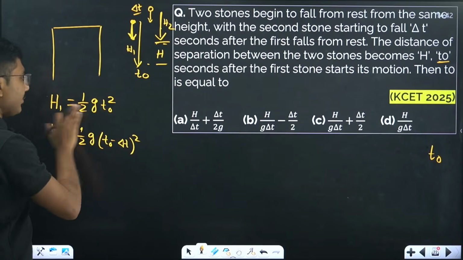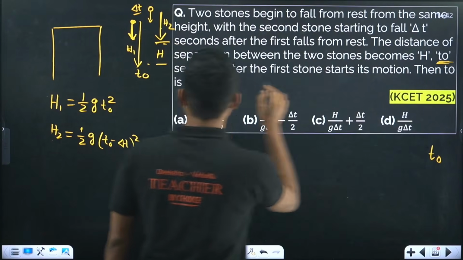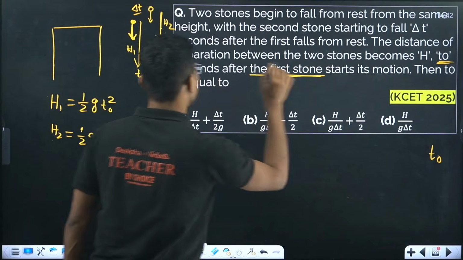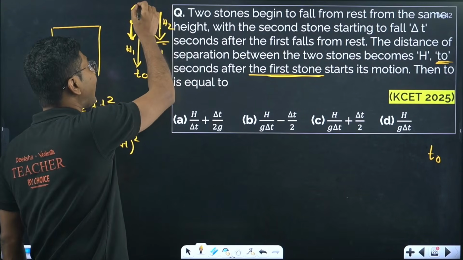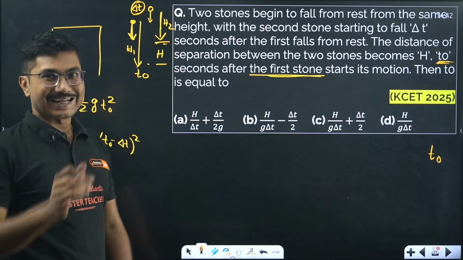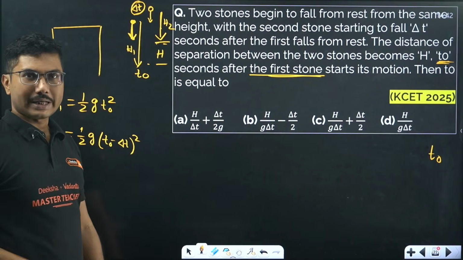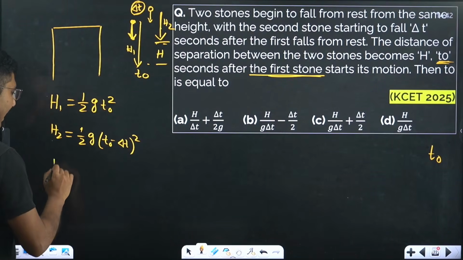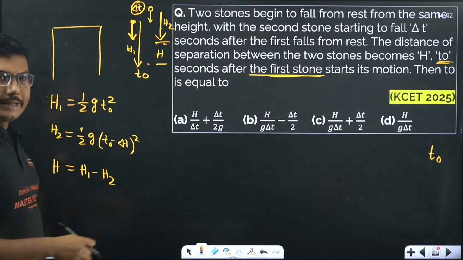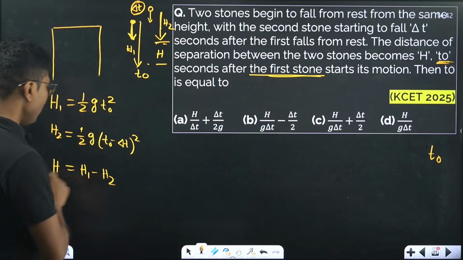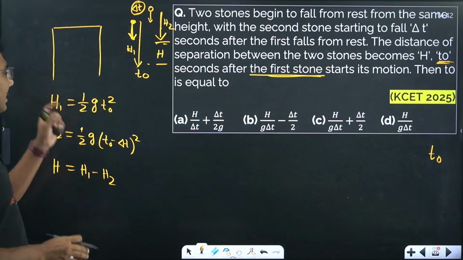For the first stone the total time is t naught; for the second stone the time will be t naught minus Δt. In the question it is given that H is H1 minus H2. This value is given, and from there you are supposed to calculate t naught.